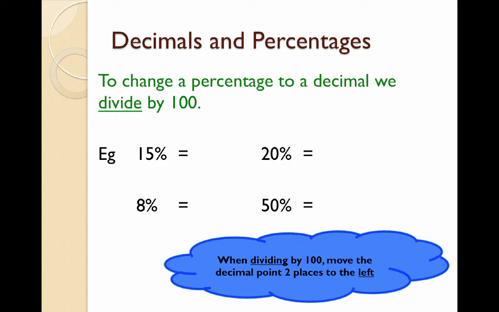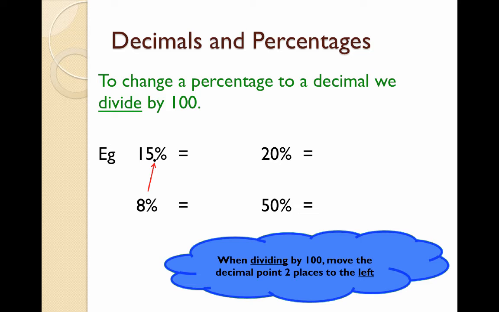Now when we divide by 100, we're actually going to do the opposite of multiplying, which means that we're going to be moving our decimal point 2 places to the left. Now when you look at these numbers, you might be thinking, hang on a second, there's no decimal point there. Well, technically there is. We don't generally write it, but there is a decimal point straight after the units column, in this case, straight after the 5.